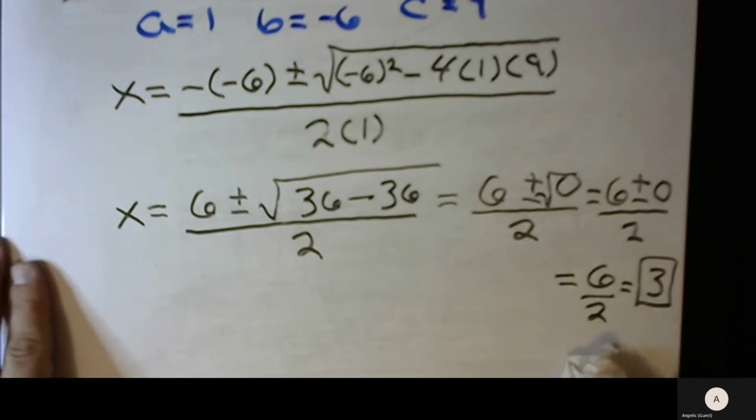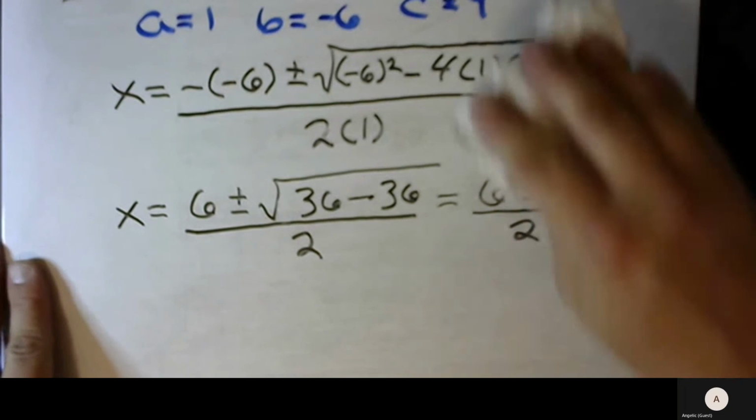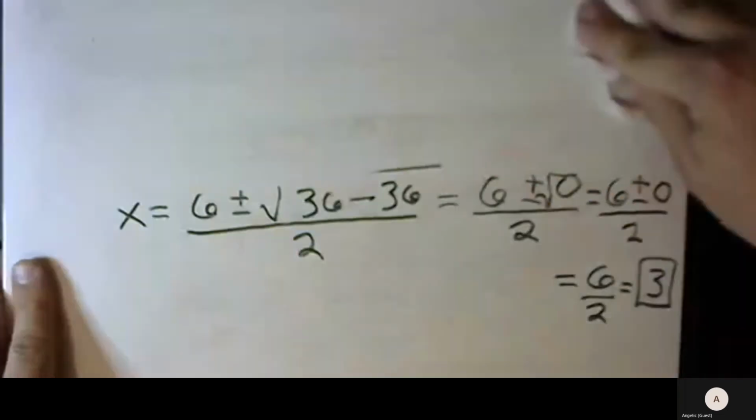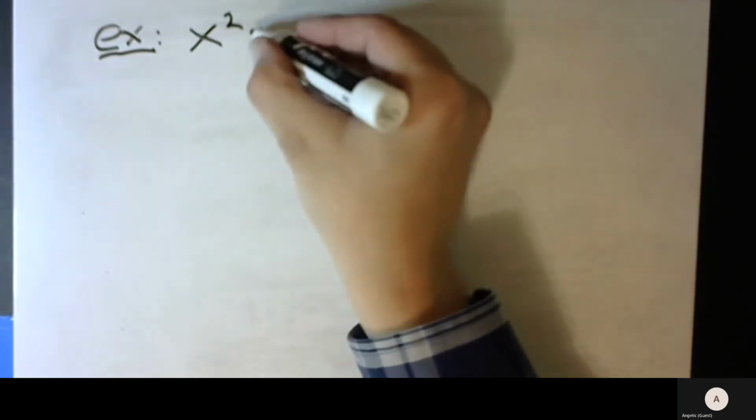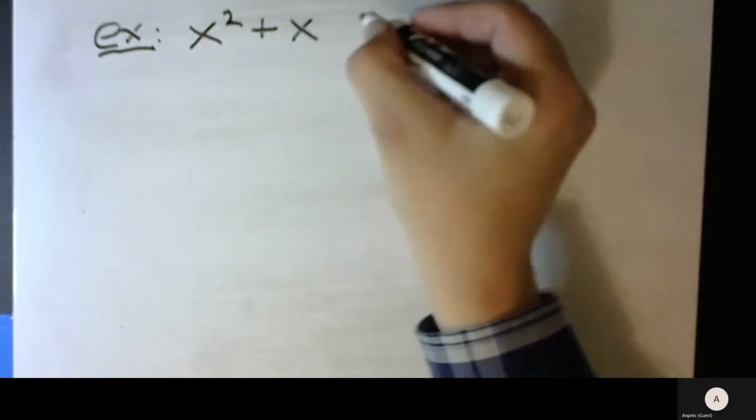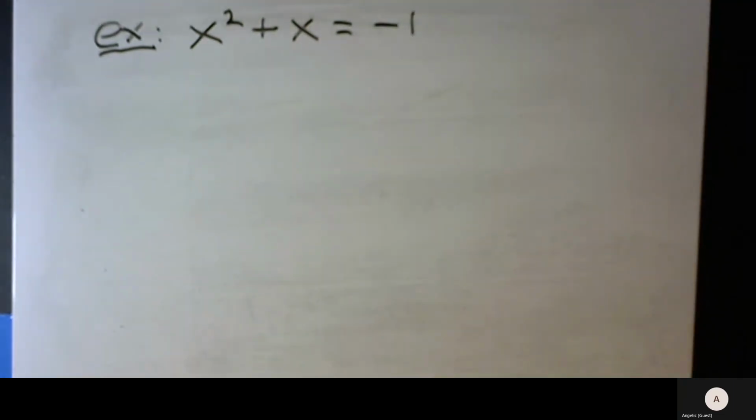All right. So let me show you one where the discriminant is less than 0. Now, again, we want to get this in that special form.